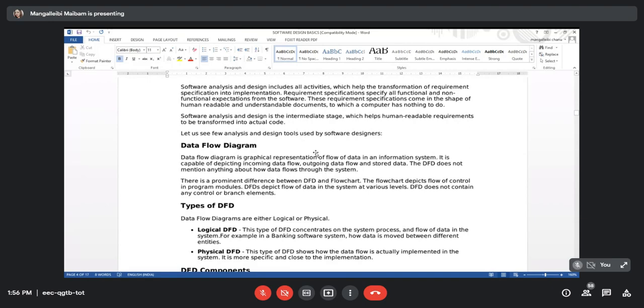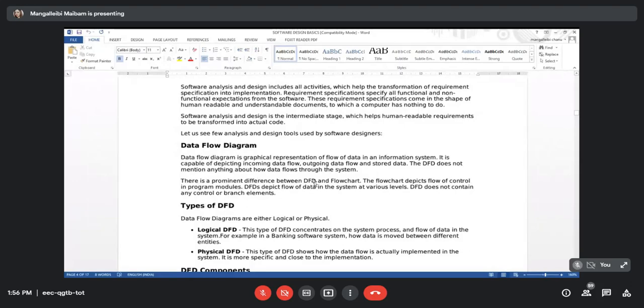But how we draw the diagram is a little different. Here we explain the flow of data: what the incoming data flow is, what the outgoing data flow is, and what the stored data is. That has to be explained in a data flow diagram.